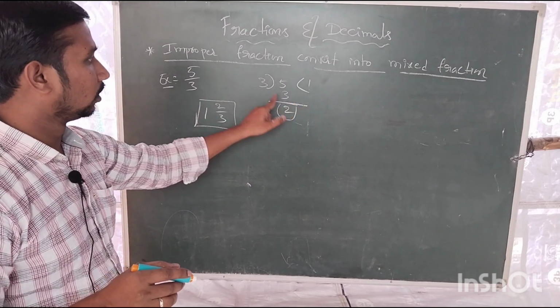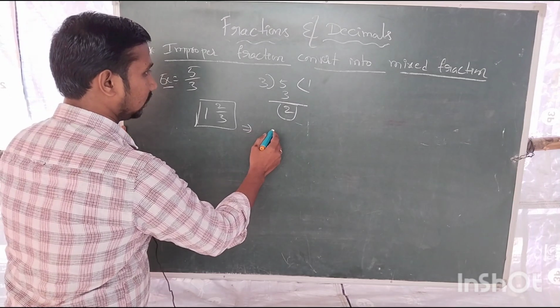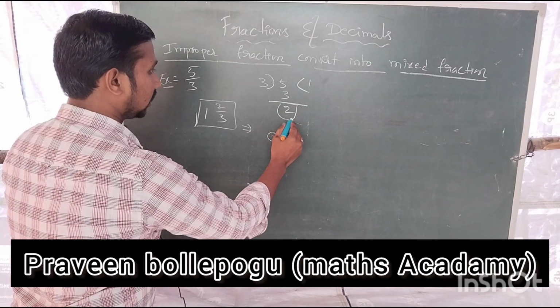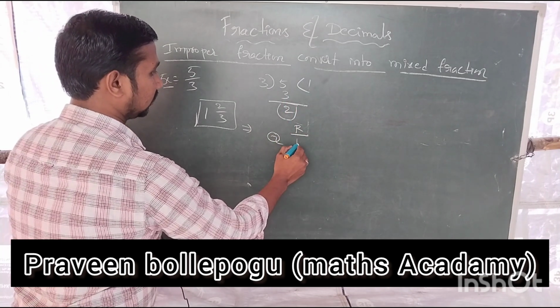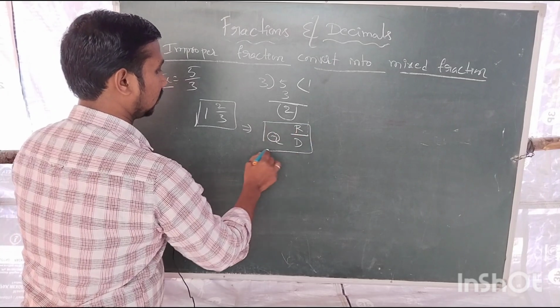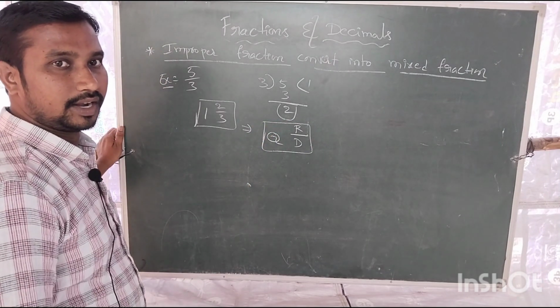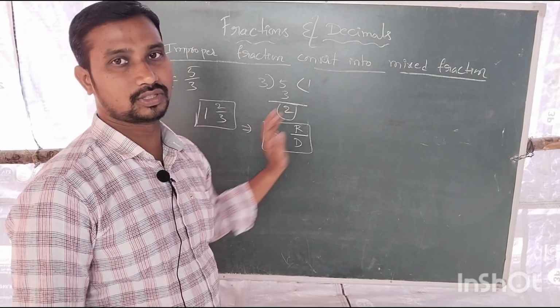After we got the mixed fraction, children, 1 2 by 3, there is one formula here: quotient, and remainder by divisor. So this is the formula for converting an improper fraction into a mixed fraction.